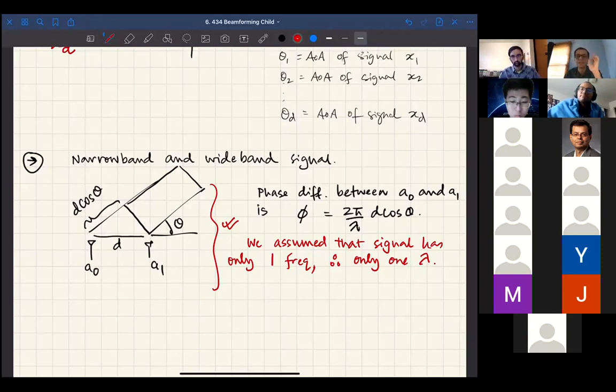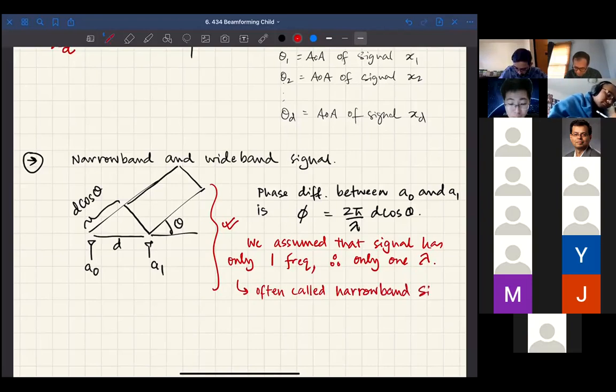Beep, right? These beeps often have a very small frequency band. So these are often called narrowband signals or tones.